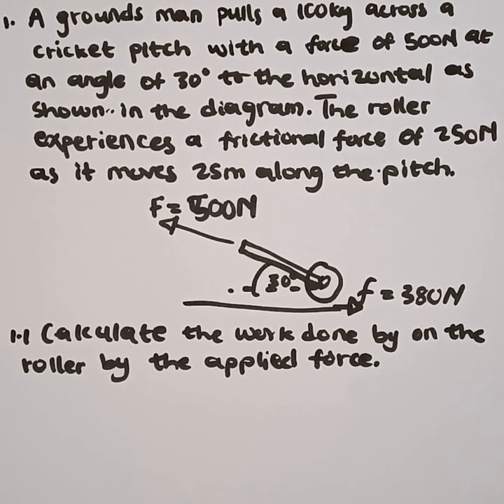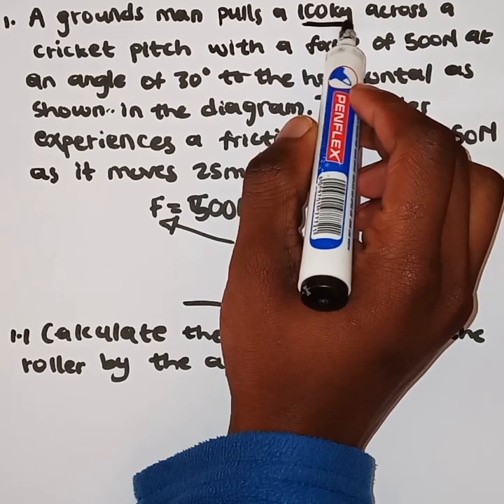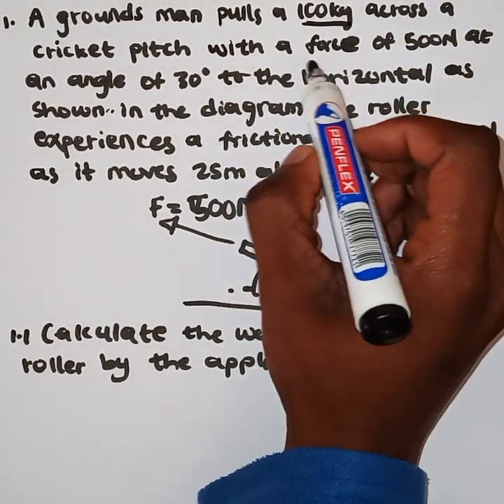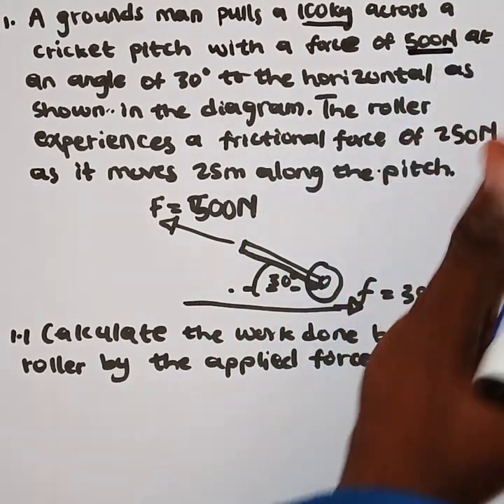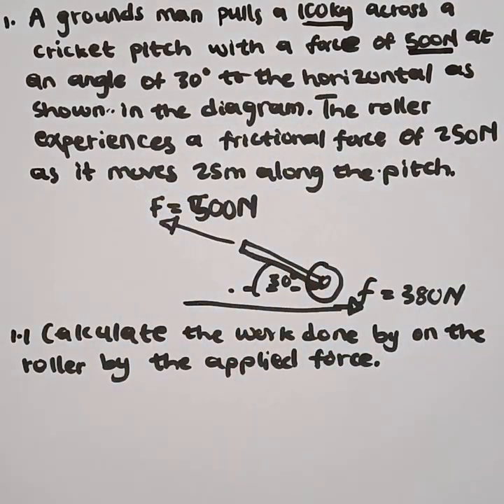The roller experiences a frictional force of 250 newtons as it moves 25 meters along the pitch. So we are given the mass. We are also given the force. This is the force applied, since it's the groundsman that is pulling.